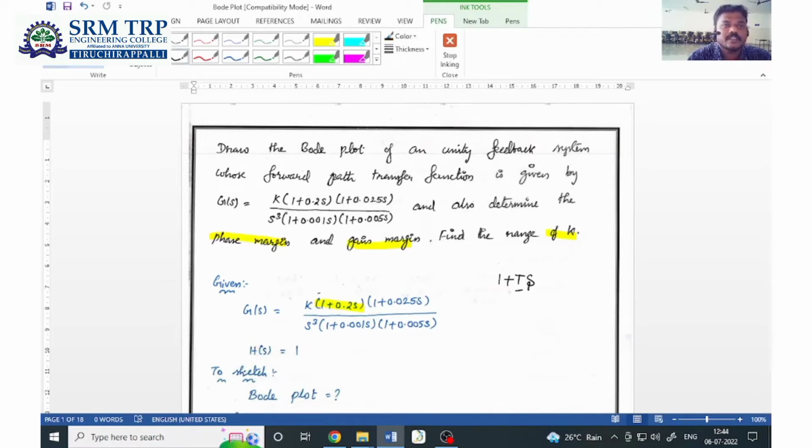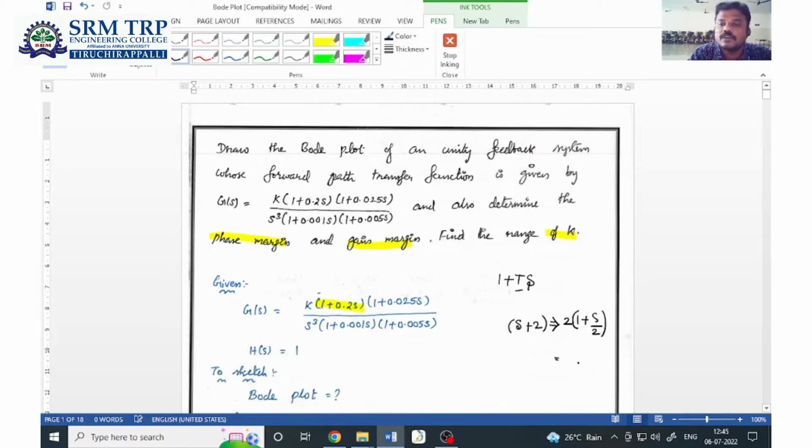In case you get the simple zero in this way, s plus 2, then you have to convert this term into the equivalent Bode term by taking 2 commonly out. So I am going to pick the 2 out, and I'll put 1 plus s by 2.